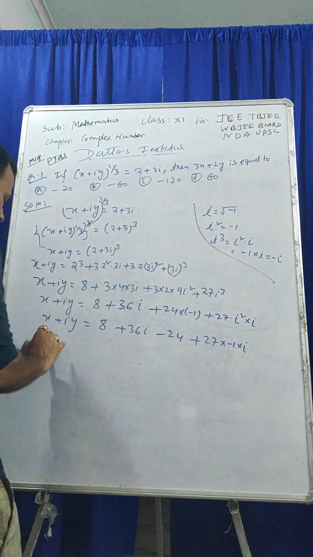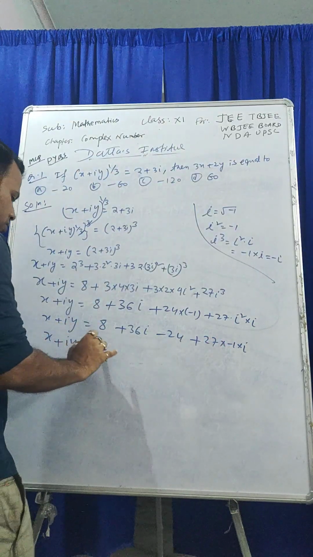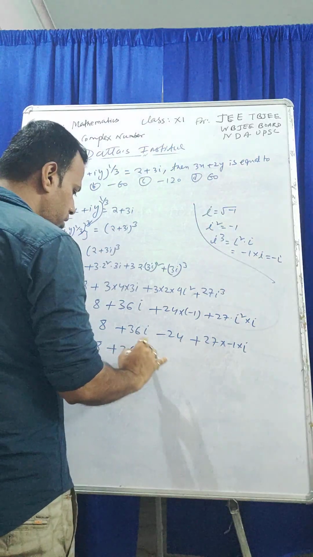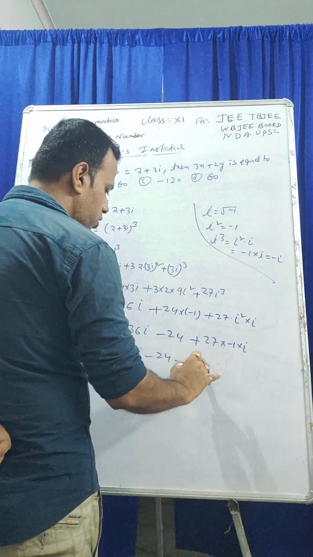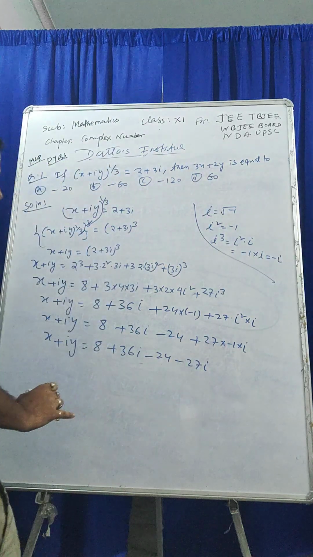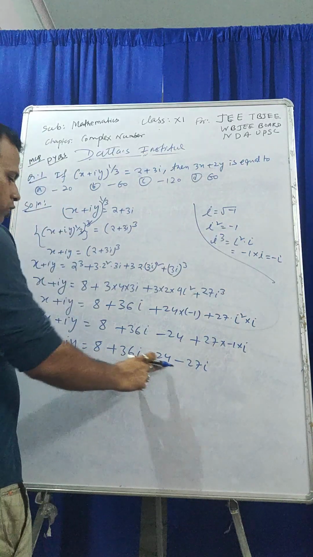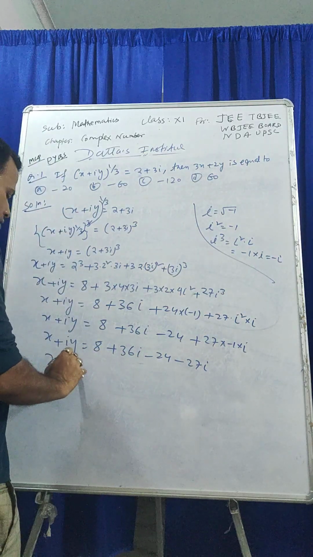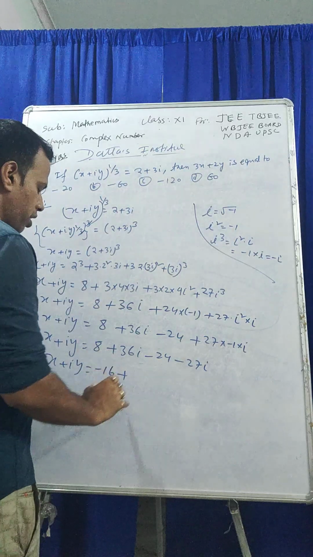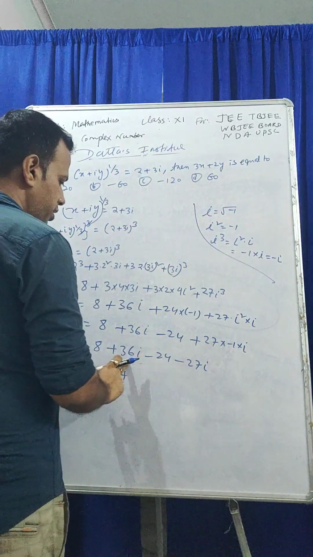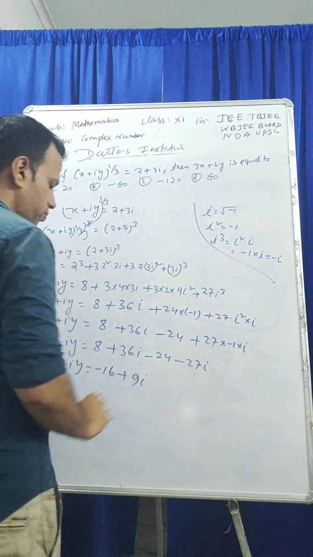So x plus iy is equal to 8 plus 36i minus 24 minus 27i. Okay, so 8 minus 24 will be minus 16, and 36 minus 27 is plus 9i.